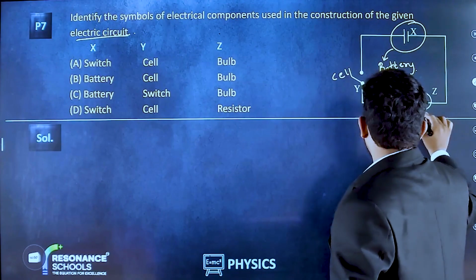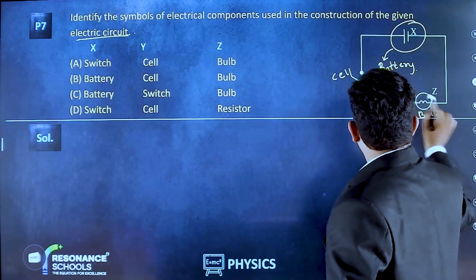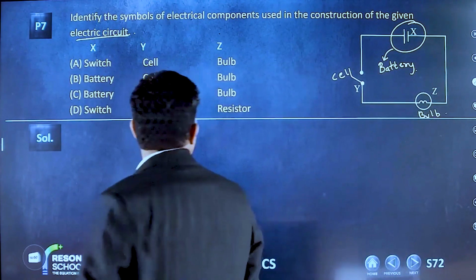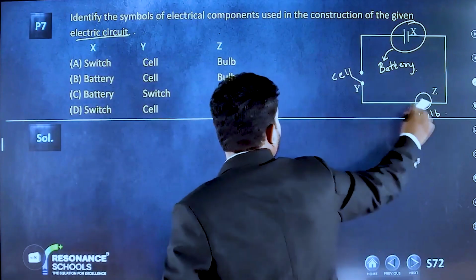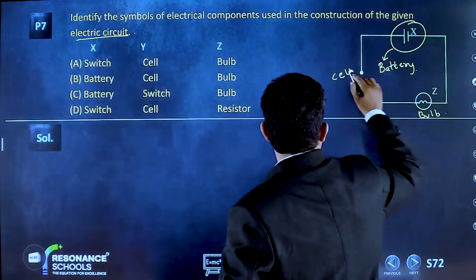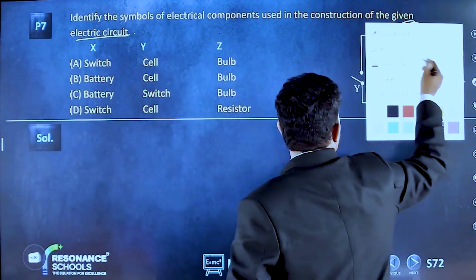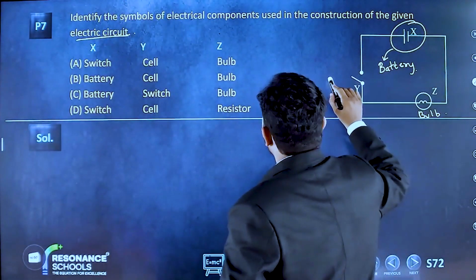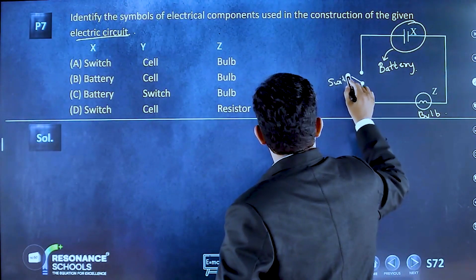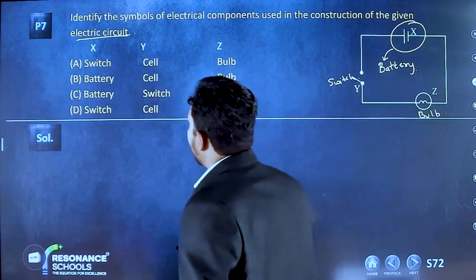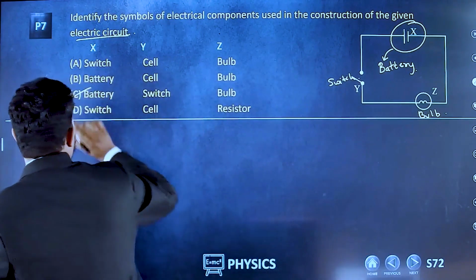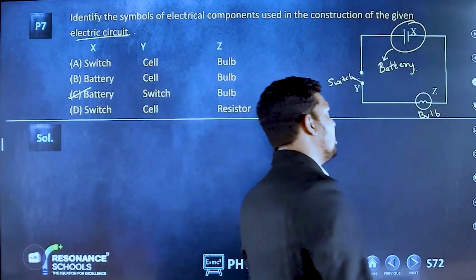And Z is nothing but your bulb. Sorry, this is nothing but your switch. By mistake I wrote it as cell, my bad. So this is your switch or key. So battery, switch and bulb. So option C is the correct answer for this.